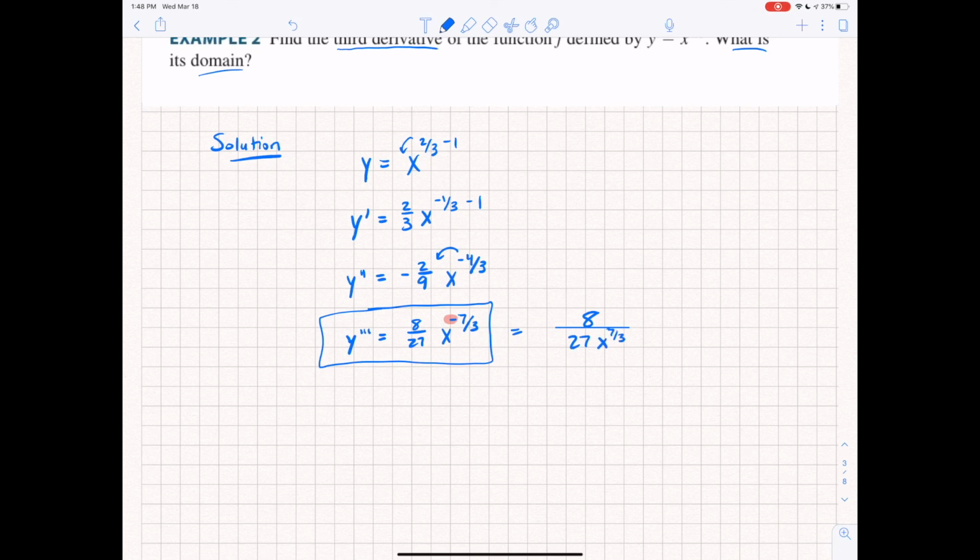And because x is in the denominator, what that means is x cannot be 0, but it can be anything else. And so in this kind of problem, that is my domain. So the domain is all real numbers except x can't be 0.